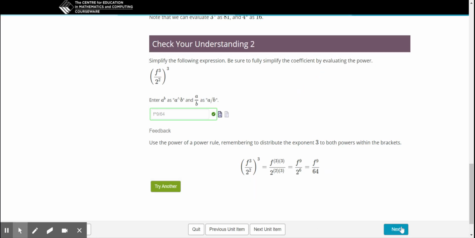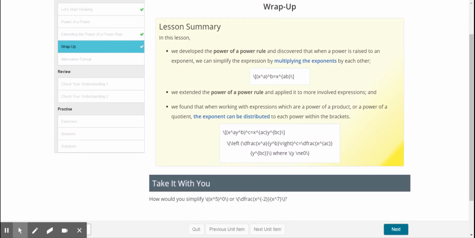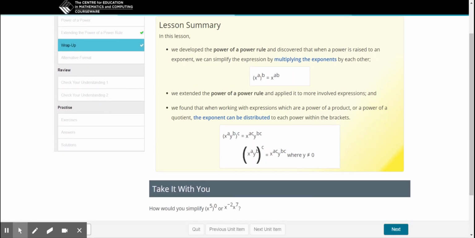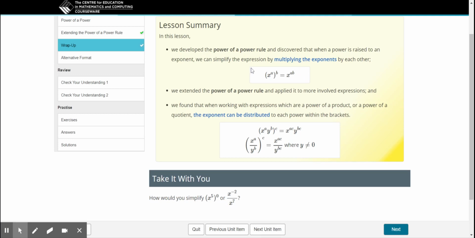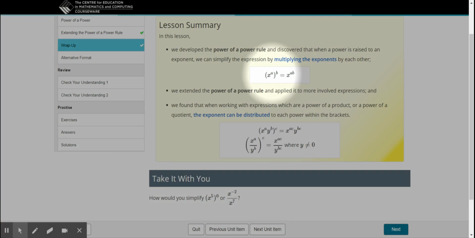And then we're going to go into the big summary here. Our big summary is just elaborating on what we just talked about a moment ago. This is our power rule that we saw in previous sections. When I have a variable raised to a power and then all that raised to an exponent as well, I leave the base the same and multiply the exponents.